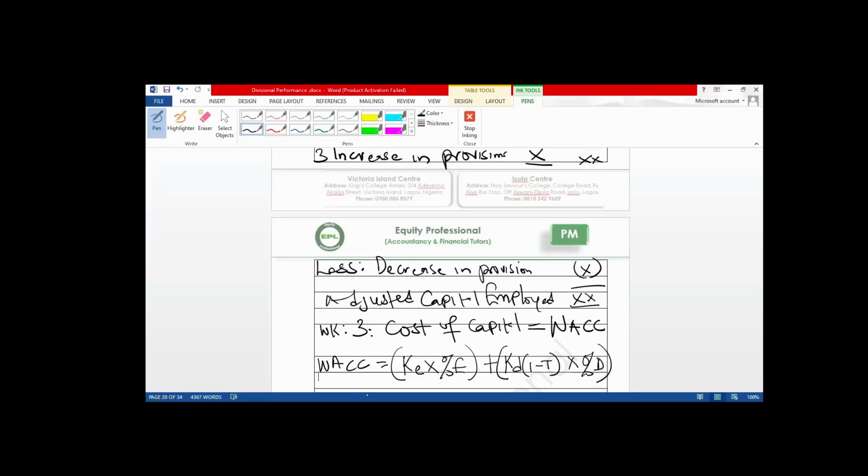And please note, economic value added is directly linked to wealth maximization. It is one of the best methods of evaluating performance.